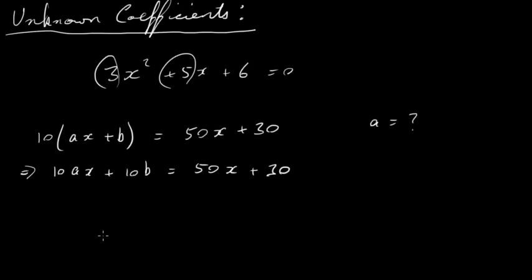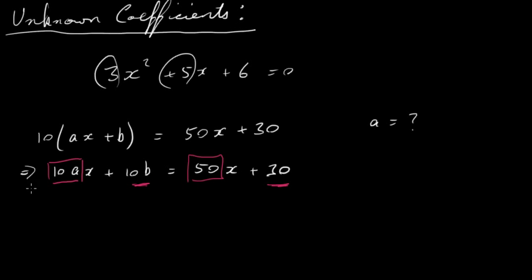So when you multiply out the left hand side, you can see here you've got a number, 10a, and that's multiplied by x, and then you have 10b here as well with no x. So here you've got a number in front of the x, or a coefficient of x, and you've got a number here with no x. So the left hand side and the right hand side look the same, in other words.